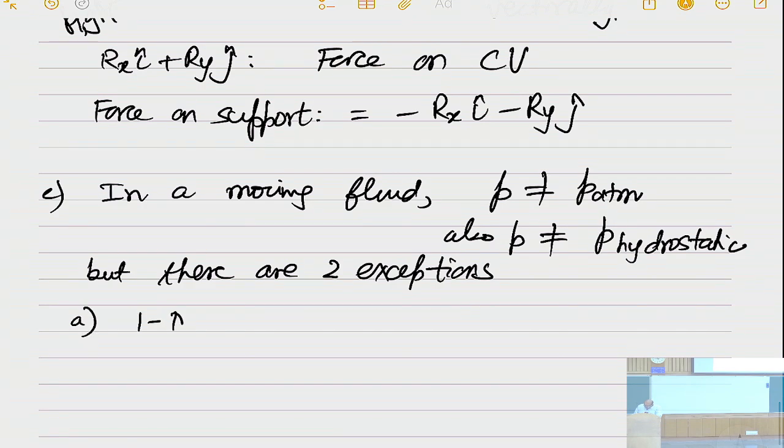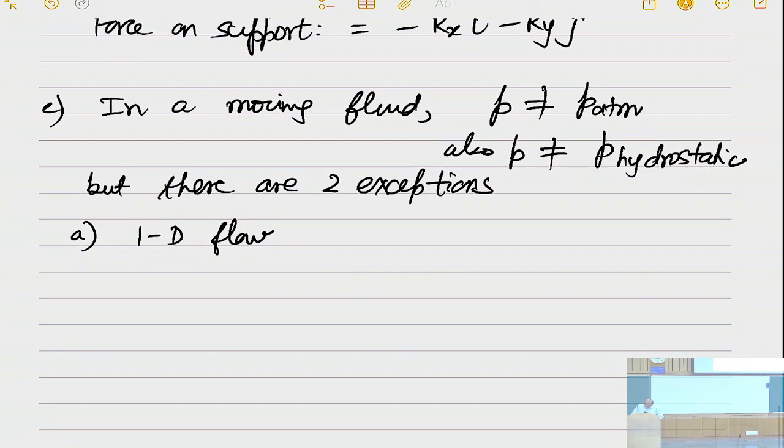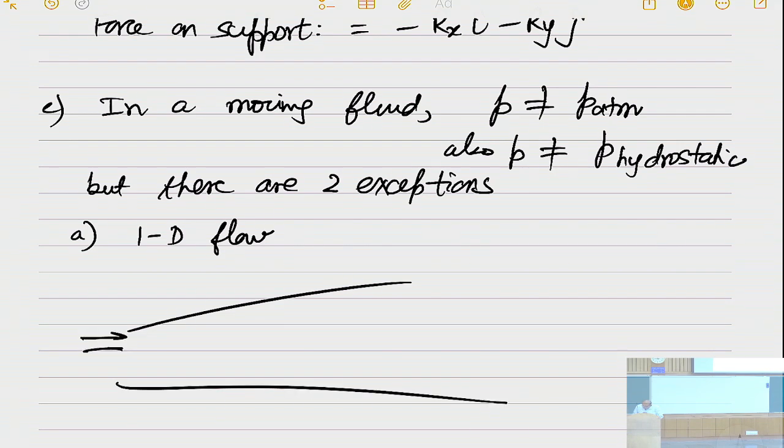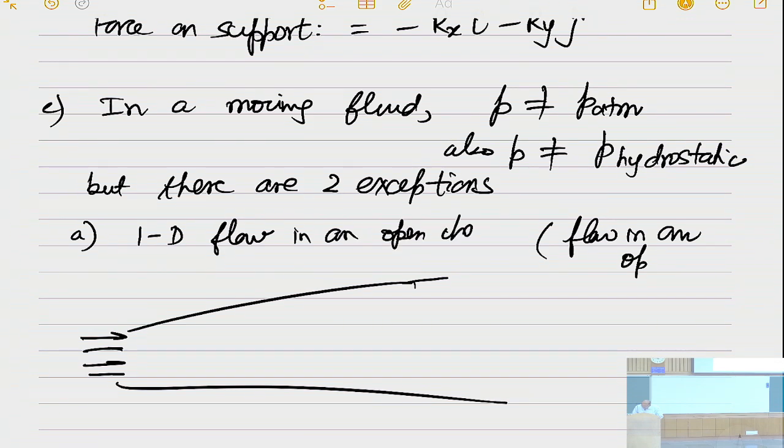The first exception is if we have a 1D flow. So we have flow of water, let us say, a one-dimensional flow in an open channel.